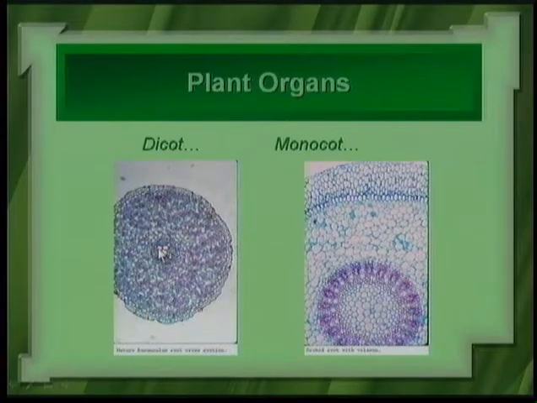You have the 4-parted or 3-parted or 2-parted xylem area with the phloem between them. And in the monocot, you'll have individual xylem cells, and also between them, you'll have the phloem between the xylem cells, in a monocot.